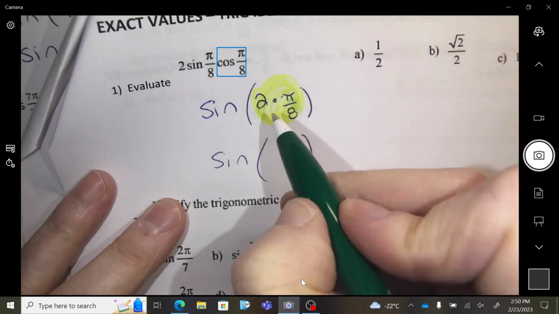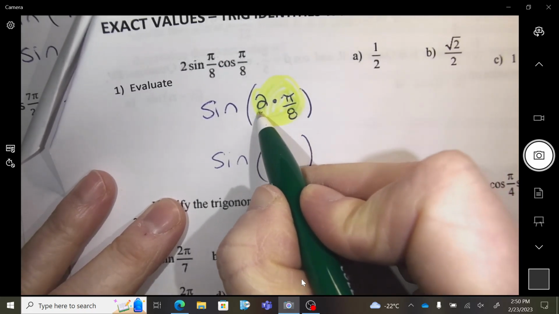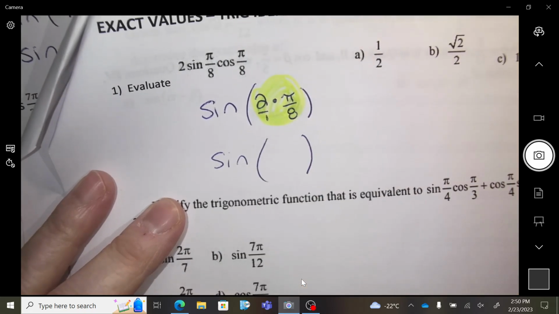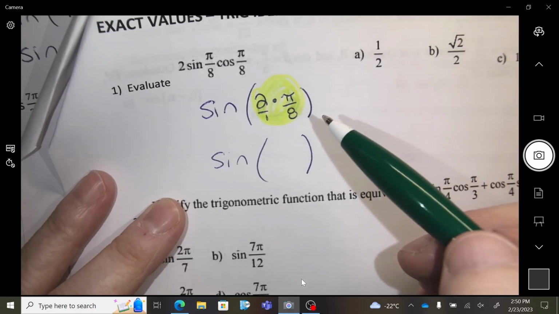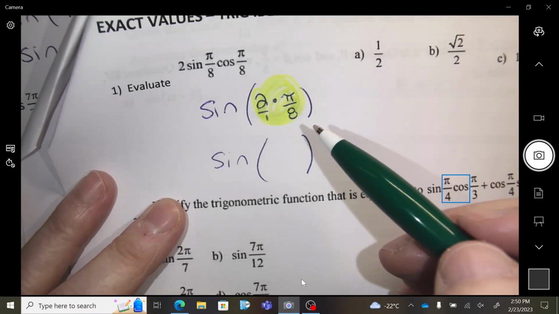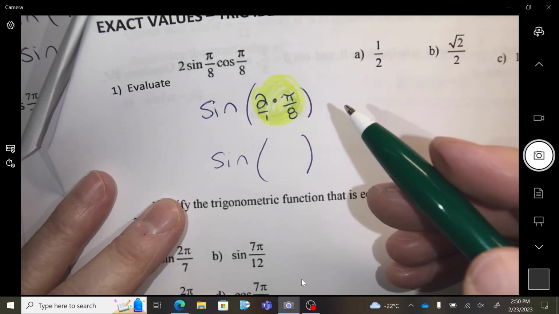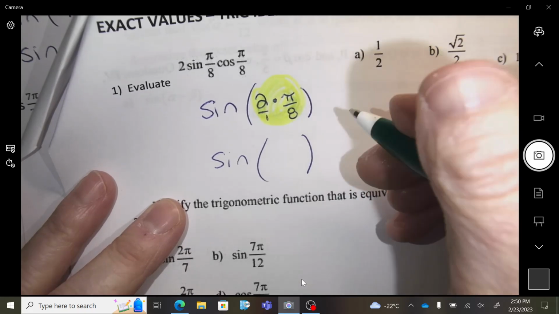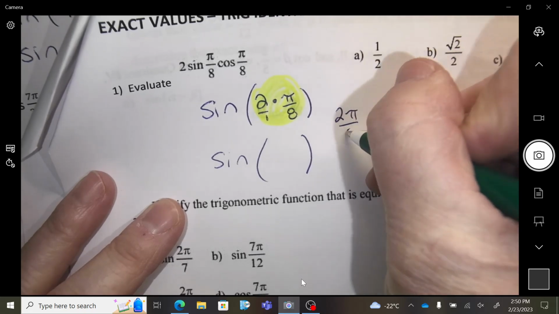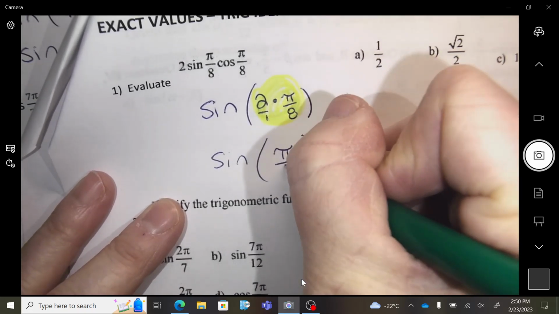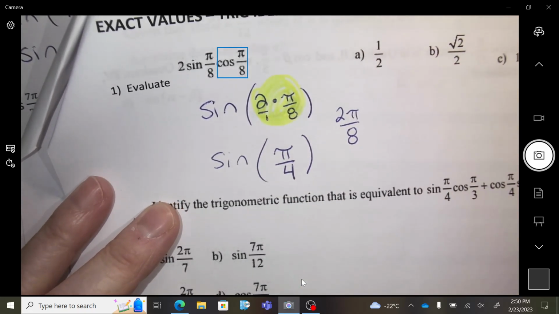Sometimes it helps to throw this over top of 1 so you can see things better. 2 pi over 8, because it's not in brackets. But 2 pi over 8 reduces. Oh, pi over 4. It just reduces like magic.